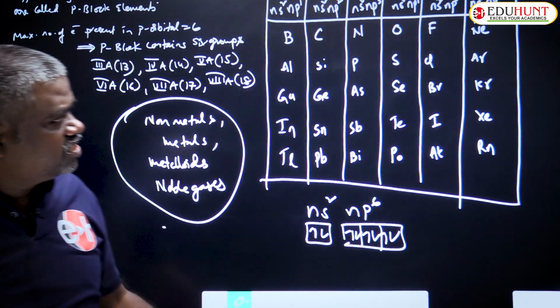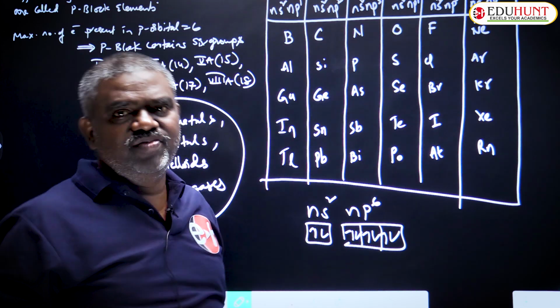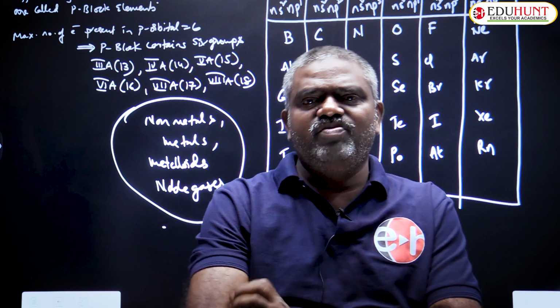So I explained about p block elements: the elements in which the differentiating electron enters into the p orbital are called p block elements.